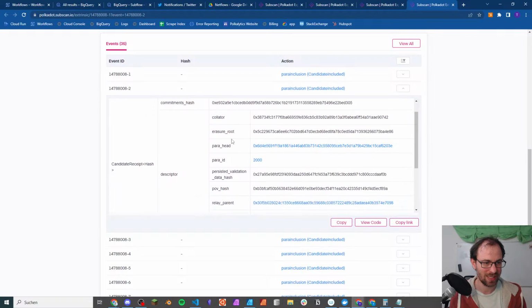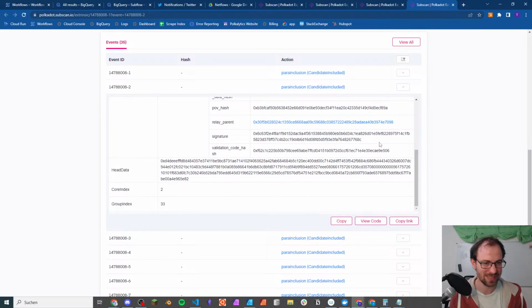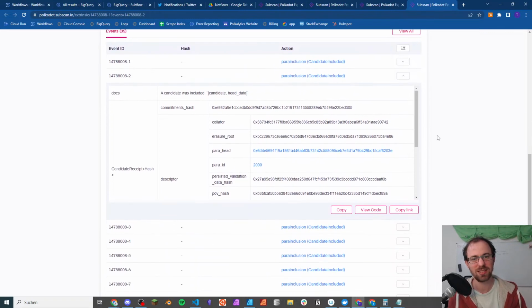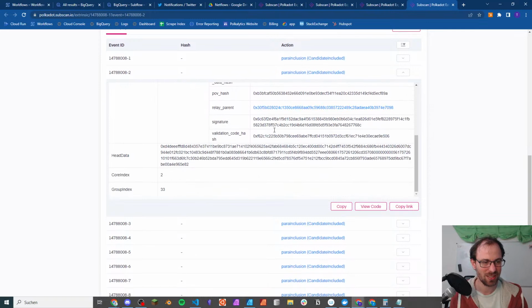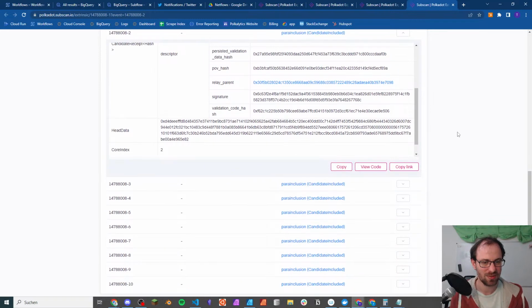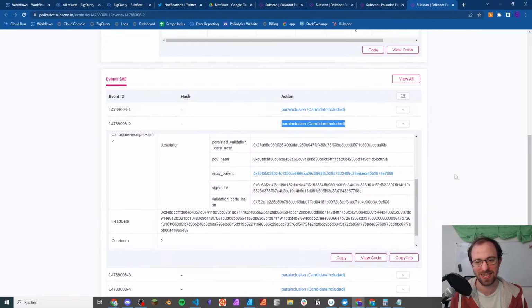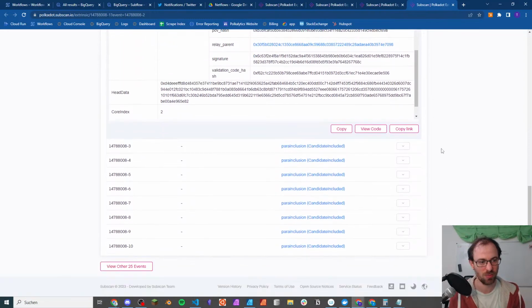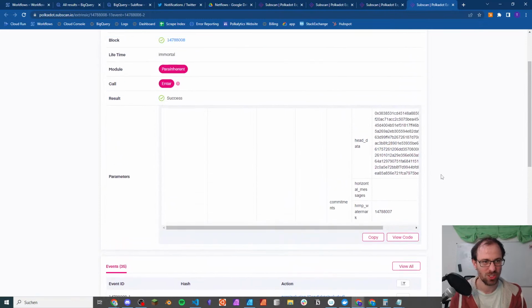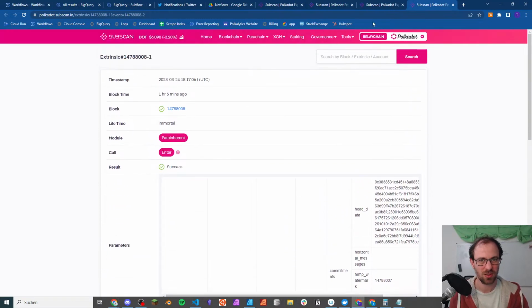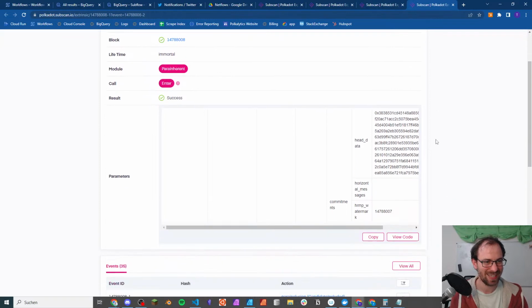Yeah, it's a candidate was included event. So this doesn't tell us a lot, which is bad because it means we don't have a lot of usable data in this case. We just see para inclusion, candidate included. We basically only get the information that a parachain block was included, which is not ideal. Okay. Do we see anything more?